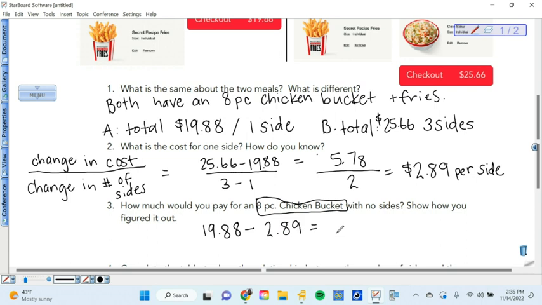There it is. $2 per piece of chicken. So how much would each piece of chicken be? So it'd be $16.99 divided by 8. Yeah, a little more than $2.